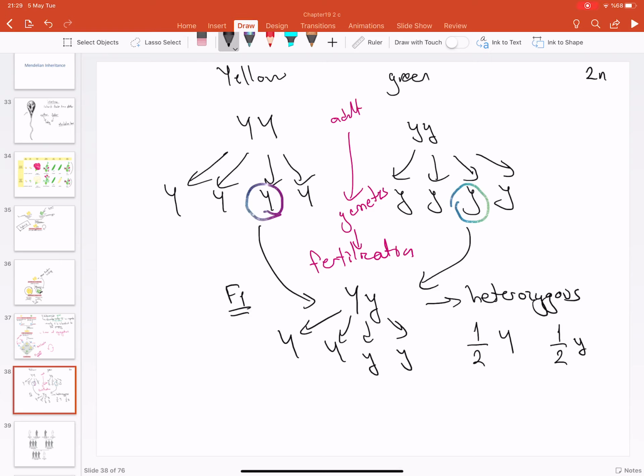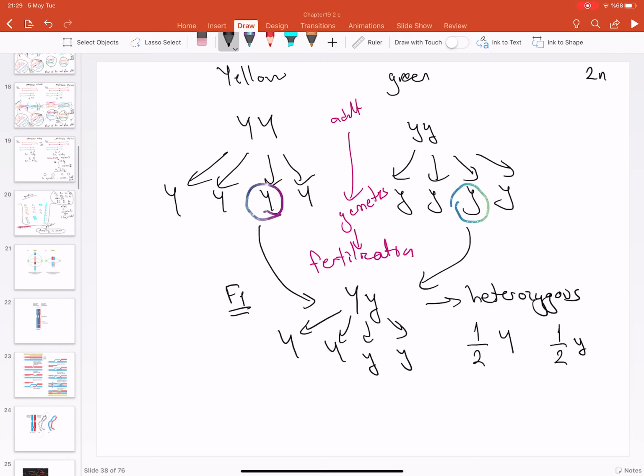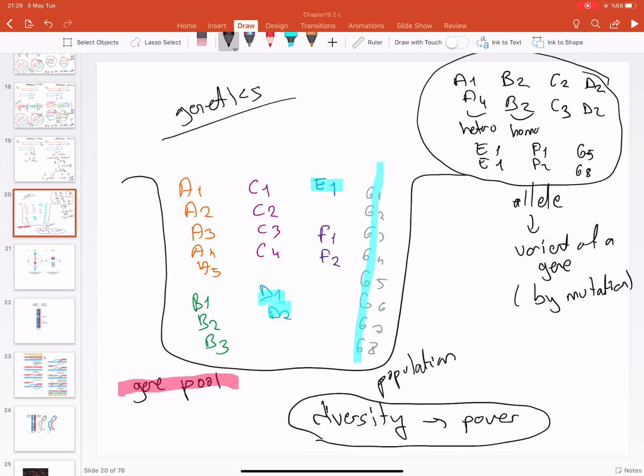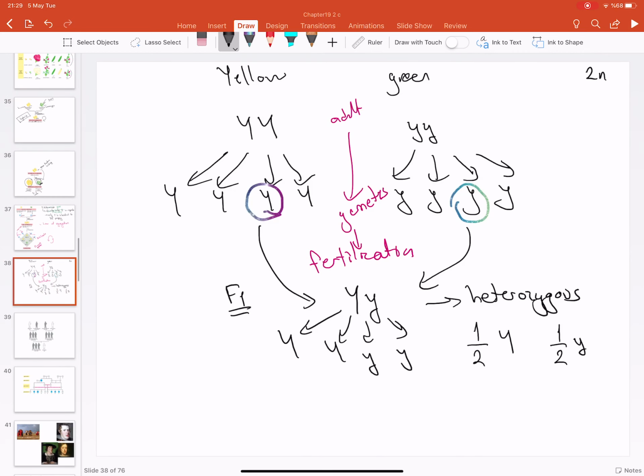Now, this is where things change. This is where you get the gametes randomly from the gene pool. This is where everything has chances. And this is the point that provides the genetic diversity, because here different chances apply.